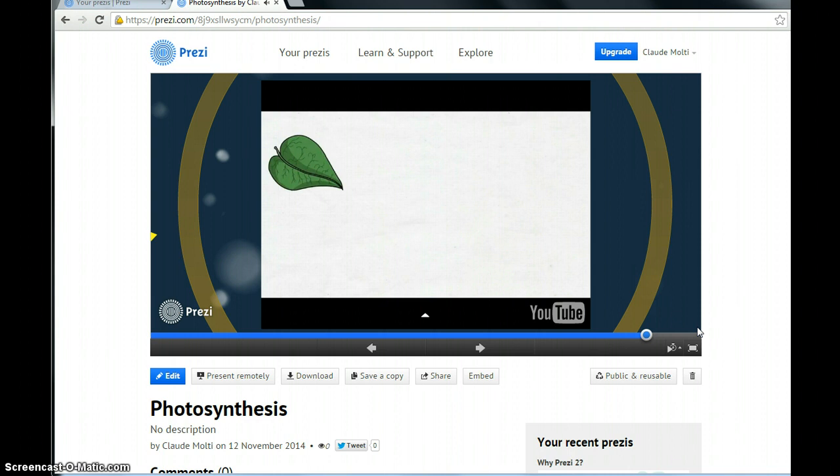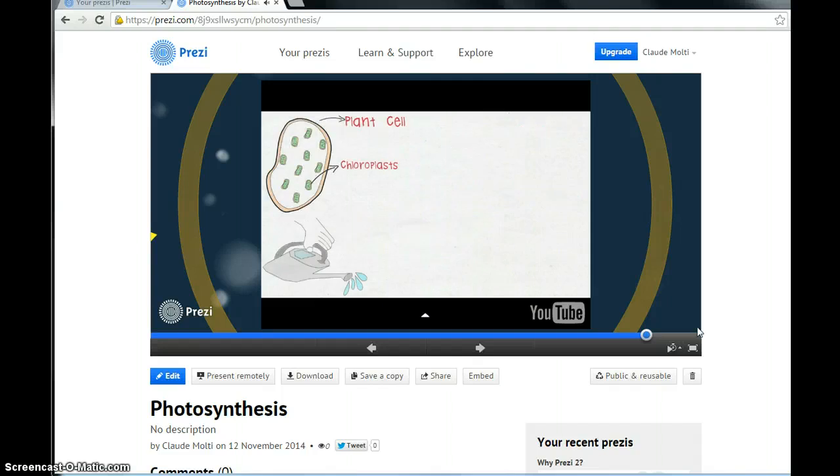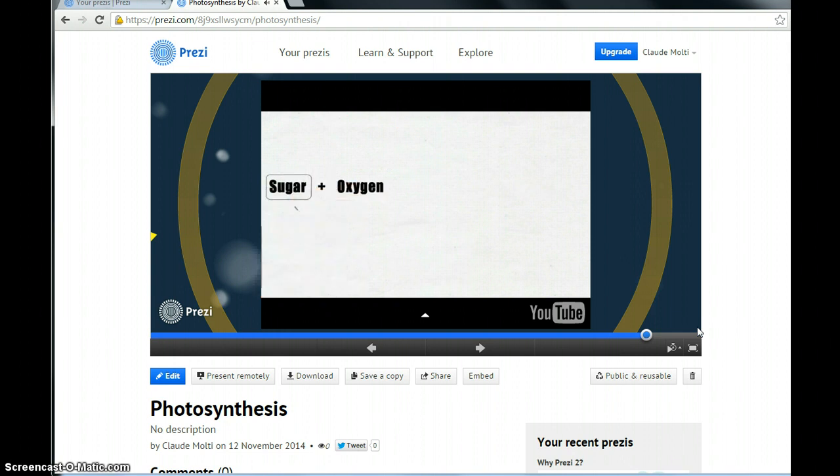Now, the leaves of a plant contain tiny things called chloroplasts. Chloroplasts is what give leaves their green color. However, chloroplasts also take carbon dioxide, water, and light and turn them into sugar and oxygen. This sugar is the plant's food.